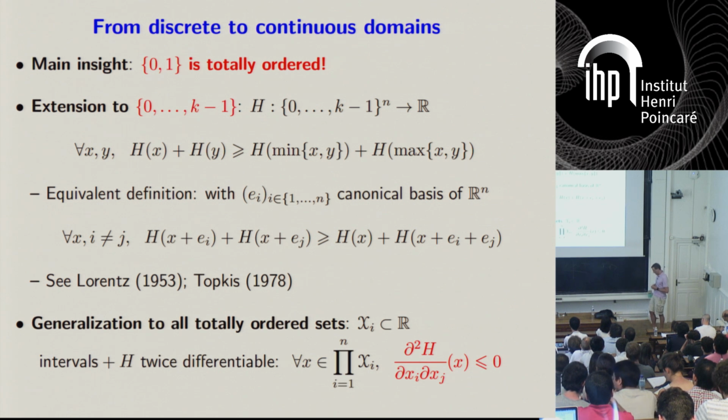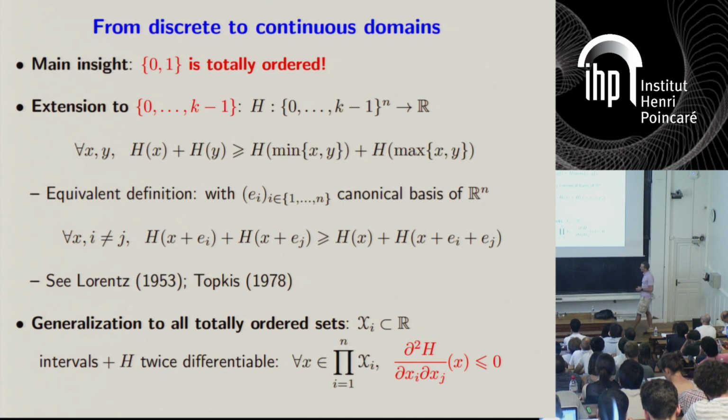Okay, so this is now the way I'm going to define submodular functions. Whenever you have a totally ordered set, and here I'm going to assume that I have an interval because it's simpler to define derivatives, then you're submodular if and only if the cross derivatives are all non-positive, and this is for all i different from j.